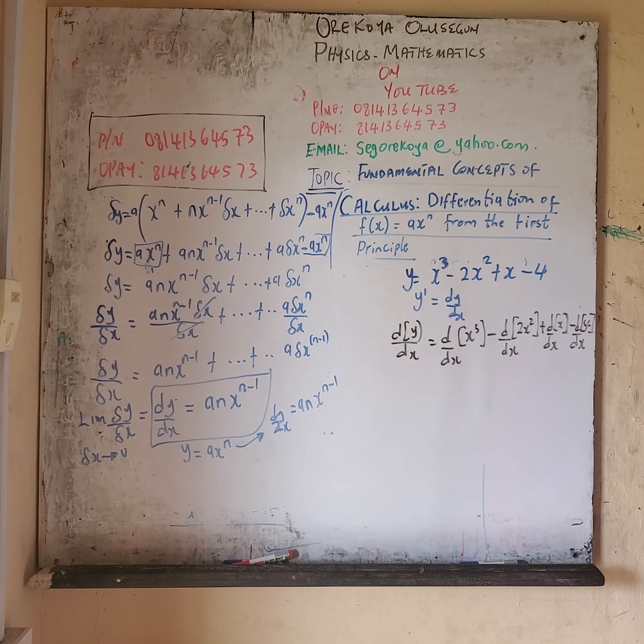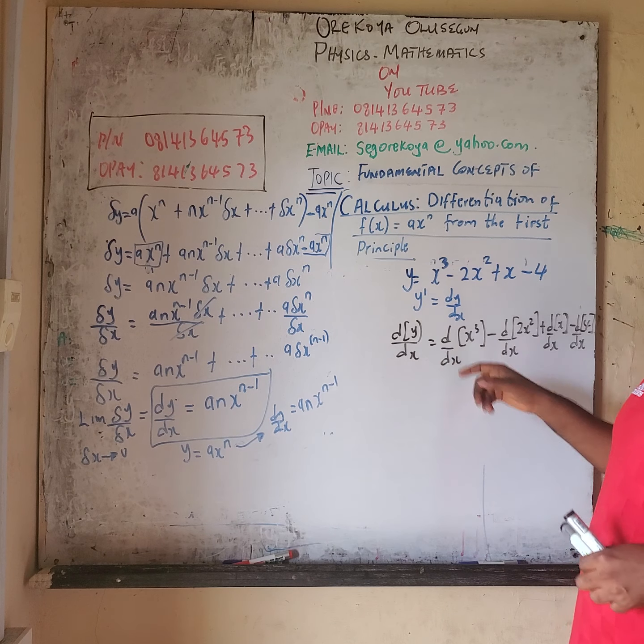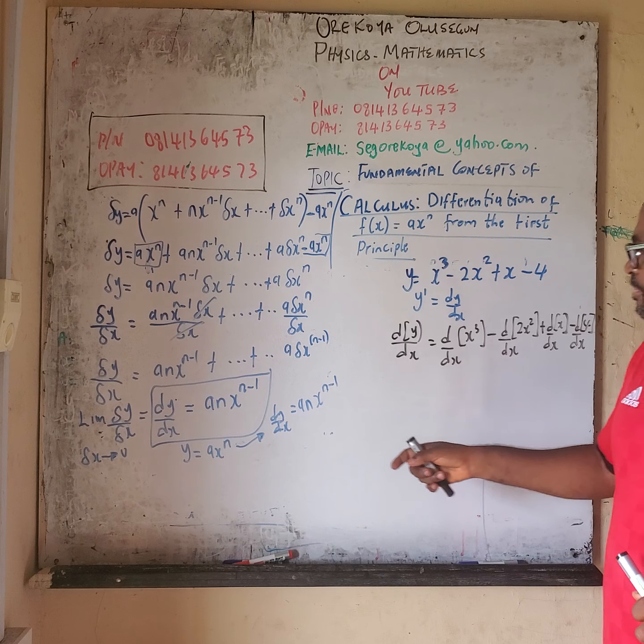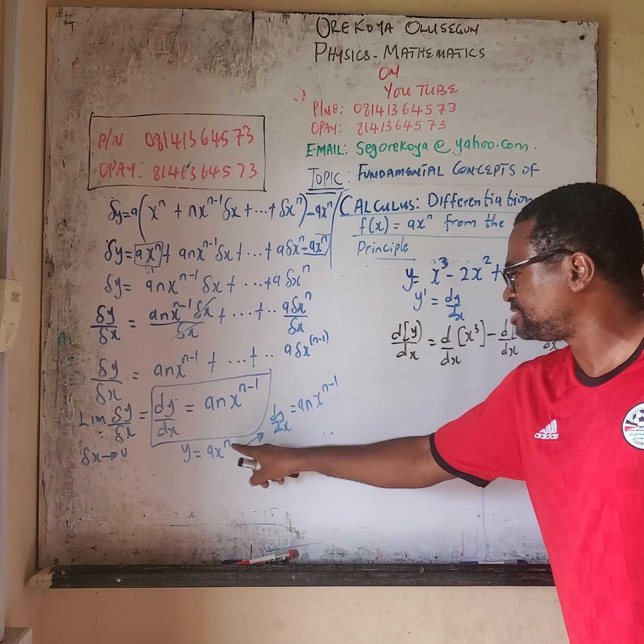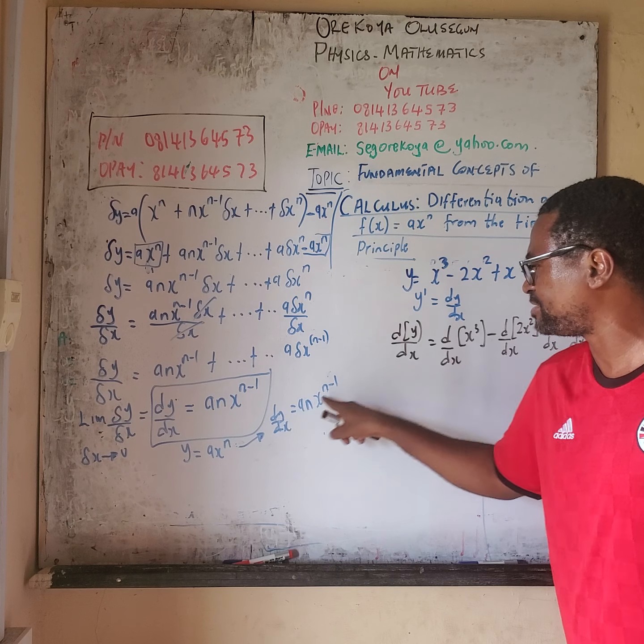So you are going to use this operator on each of these. What do we do? When you have this power, use the power to multiply to get the dy dx, then you subtract 1.